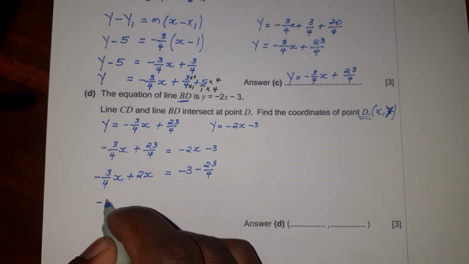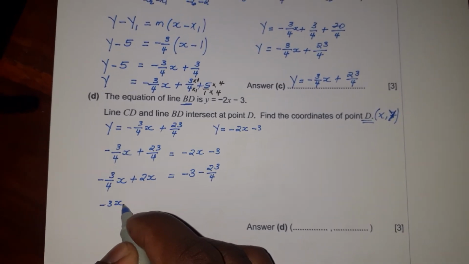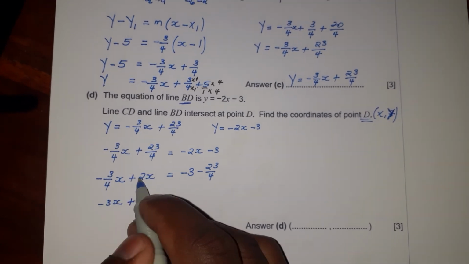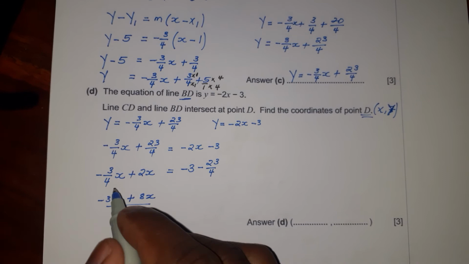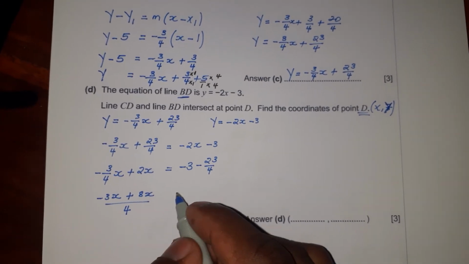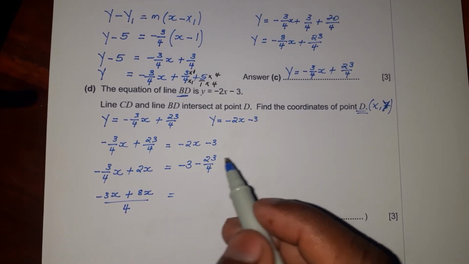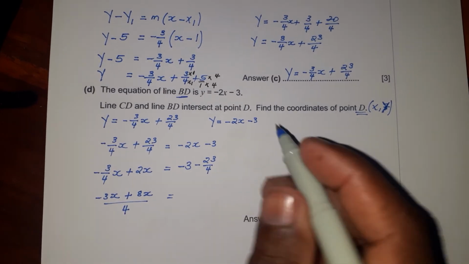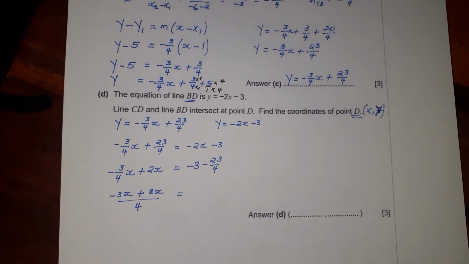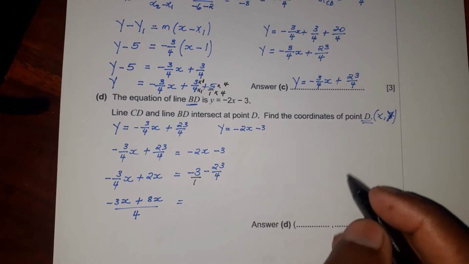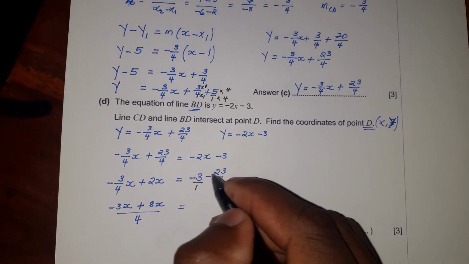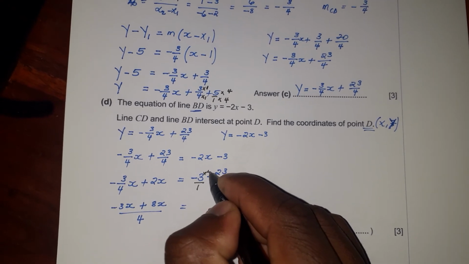We are going to have negative 3x plus 4 times 2 is 8x over the same denominator, which is 4, equal to, I think I need to show the working here. We write this number as a fraction by dividing by 1, and then we multiply top and bottom by 4.